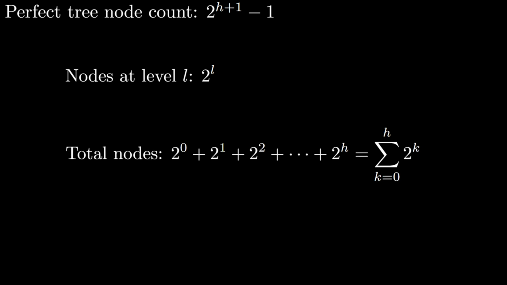So the total number of nodes can be written as 2^0 plus 2^1 plus 2^2, and so on until 2^h, which can be written in summation form. This is a geometric series, and the familiar formula simplifies to give a total of 2^(h+1) minus 1 nodes.